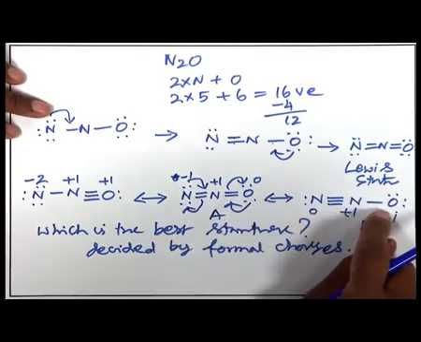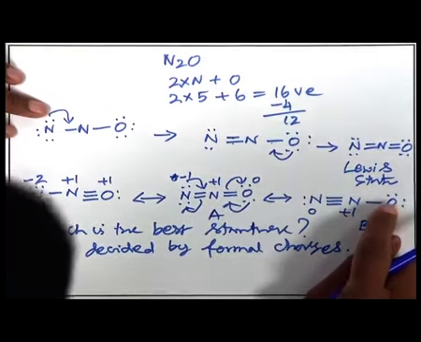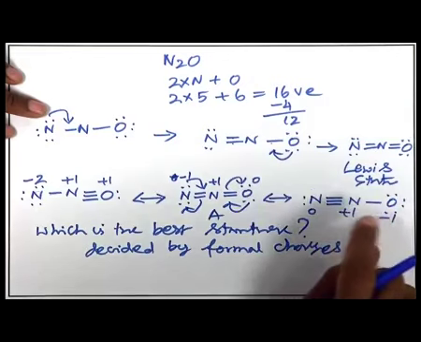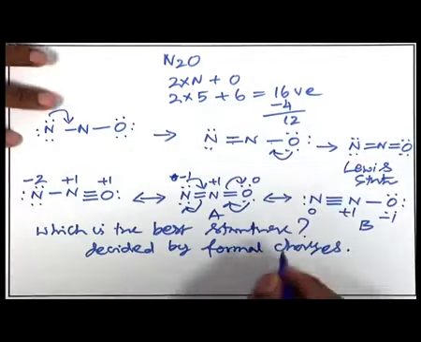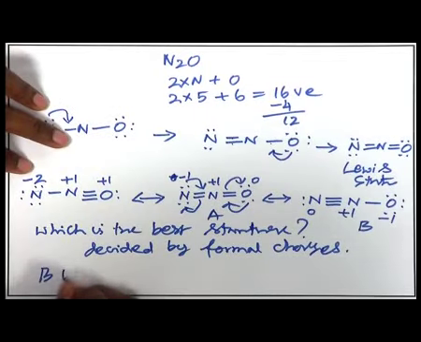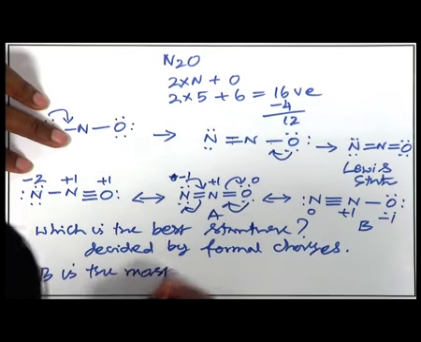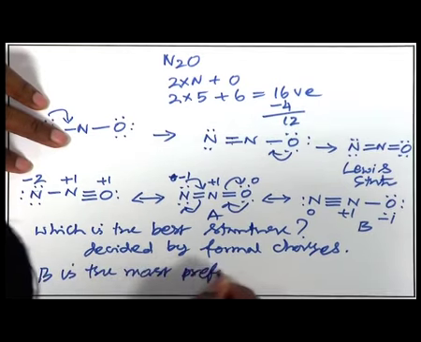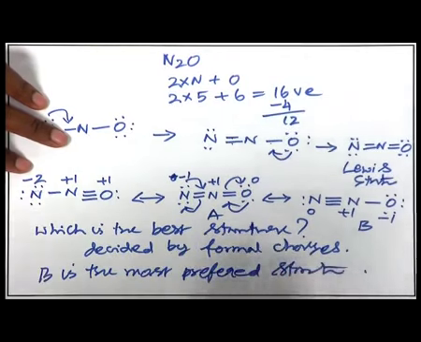If you come to this structure, the formal charge is -1. So the negative charge lies on the electronegative oxygen atom. So this structure is the most preferred structure. So structure B is the most preferred structure.